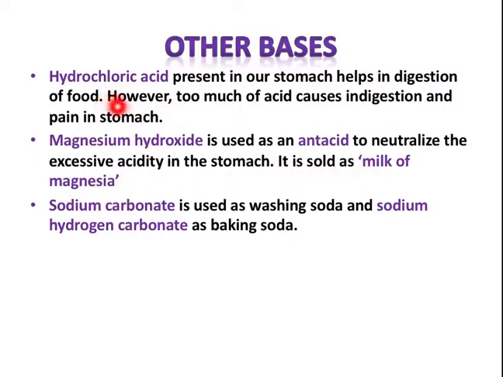Sometimes we get the problem of acidity, that is too much acid, which causes pain and indigestion. In that case we use a base, magnesium hydroxide, as an antacid to neutralize the acidity in the stomach.